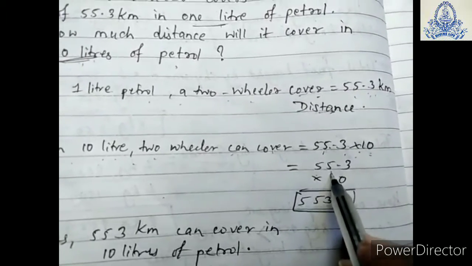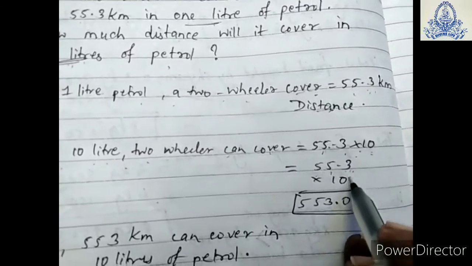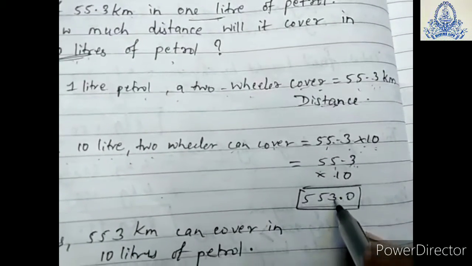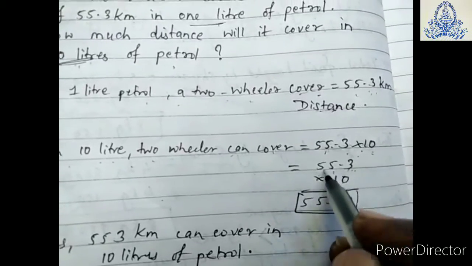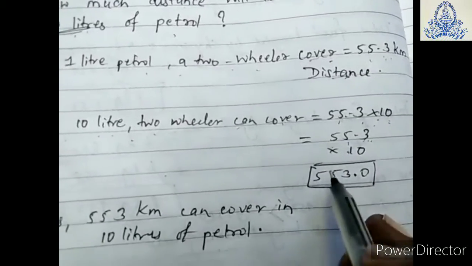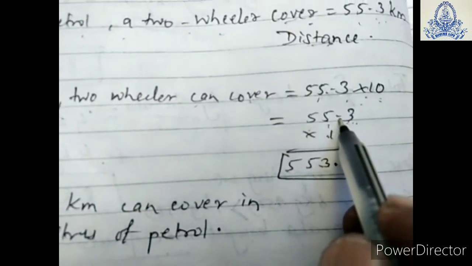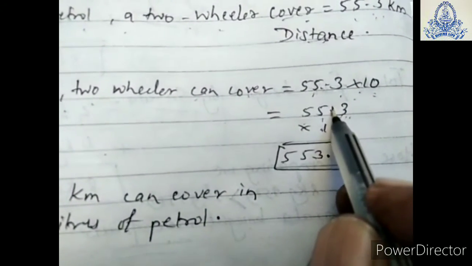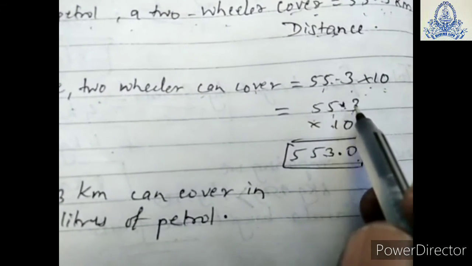As we multiply 55.3 with 10, we get 0 0, 1 3 is 3, 1 5 is 5, 1 5 is 5, and 0 we will multiply, so we get all the zeros. So 5530 we get, but a decimal point is there before one digit, that is 3, as 55.3 is in the question.